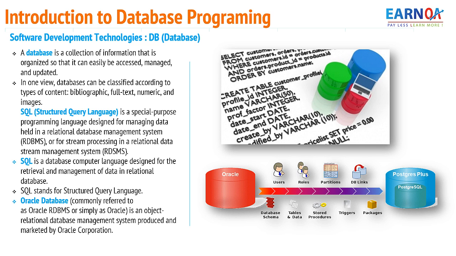So the primary intention of the database is to store a collection of information which is properly organized, properly placed, saved and stored so that organizations can effectively make use of it. So SQL database technology belongs to Microsoft, whereas Oracle database technology belongs to Oracle, Sun Systems.